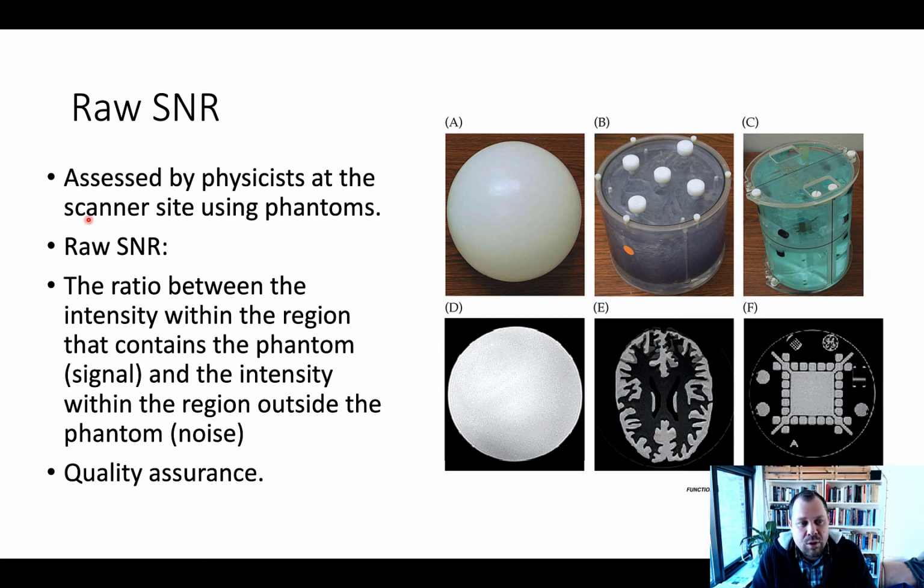And then raw SNR is simply the ratio of the intensity within the sample, so this phantom here or this phantom here, relative to the intensity outside of the sample. This is used commonly for quality assurance. So it's a rough way to assess how well the scanner is doing on a given day, and if it's doing badly, maybe identify problems and correct those before we start putting subjects in there, right?